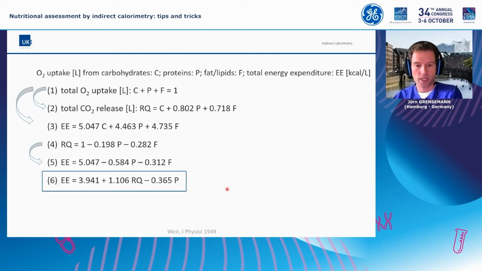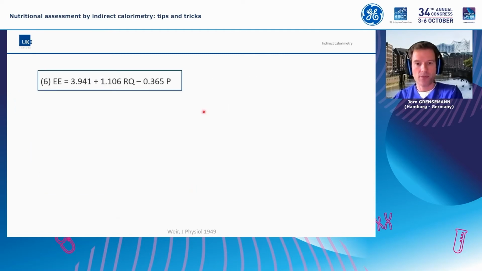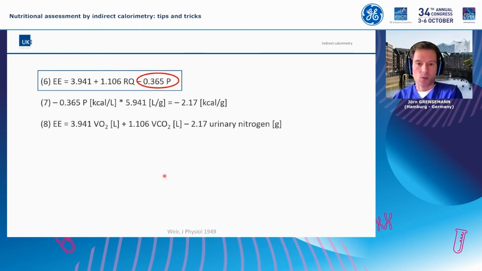If we just take this formula, we see that we have the term minus 0.365 times proteins. And we know that 1 gram of protein metabolism requires nearly 6 liters of oxygen, and this leads to 2 kilocalories per gram of protein actually being released.